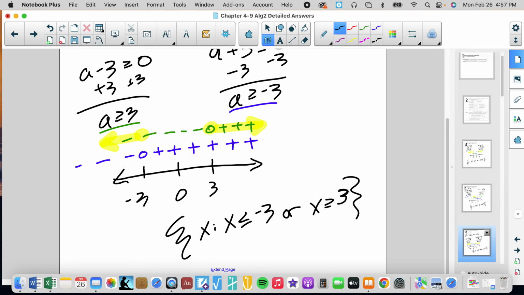This is number 3. Oh, A, sorry. So A is less than or equal to negative 3 or A is greater than or equal to 3.